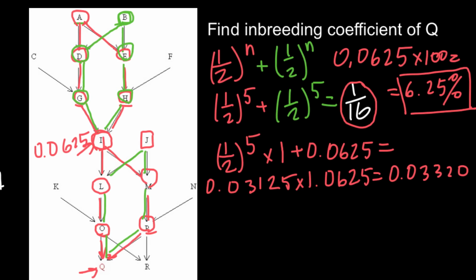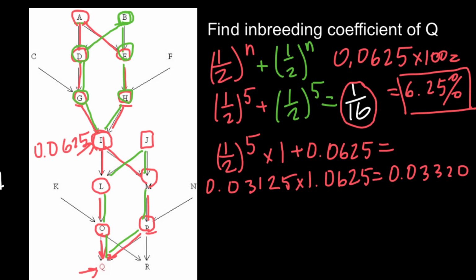Once again, that means that individual Q would have two identical alleles by descent, whether from individual I or from individual J. And individual Q has more probability to have two identical alleles from individual I because individual I is already inbred, so has a higher rate of homozygosity. It can be homozygous recessive or homozygous dominant, but the rate of heterozygosity in this individual would be reduced.